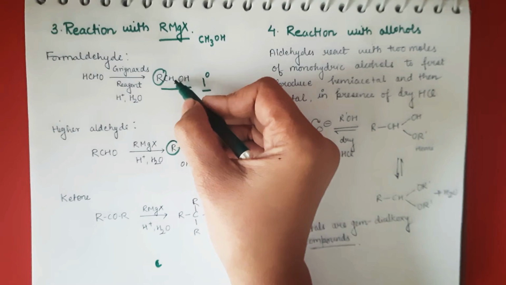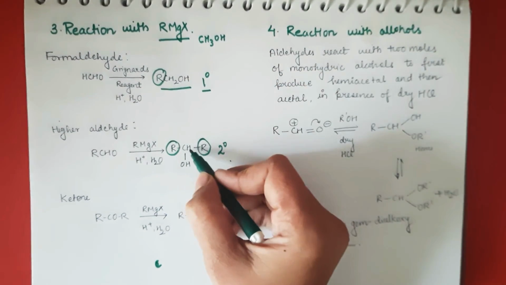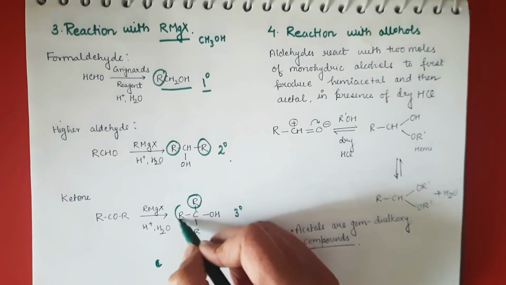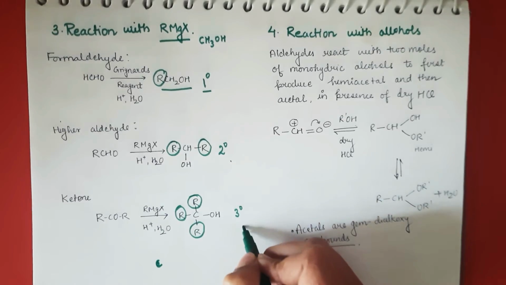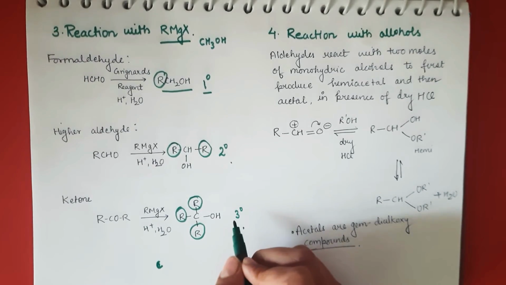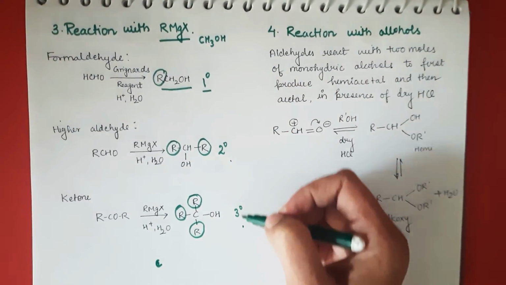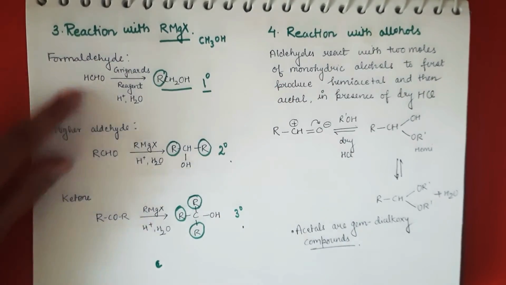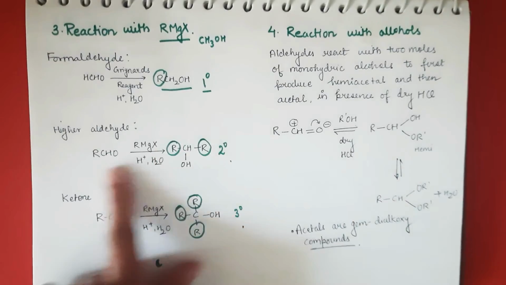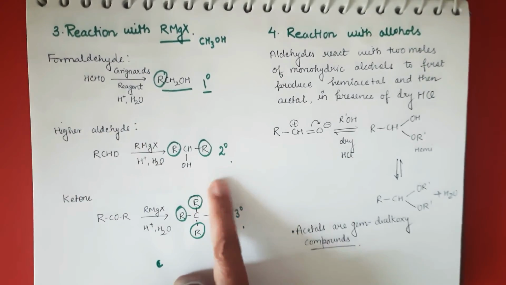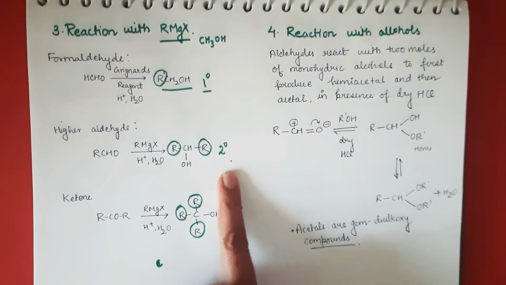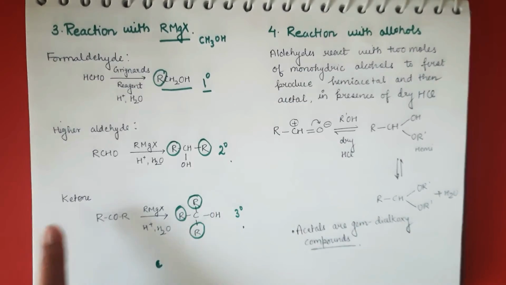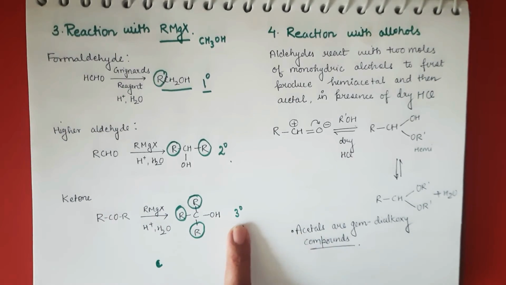And if we substitute the last H also with an alkyl group, it forms tertiary alcohol. So you have to remember the categorization of these degrees of alcohol. So formaldehyde reacts with Grignard reagent and forms primary, the higher aldehyde reacts with Grignard reagent to form secondary, and the ketone always forms tertiary alcohols.